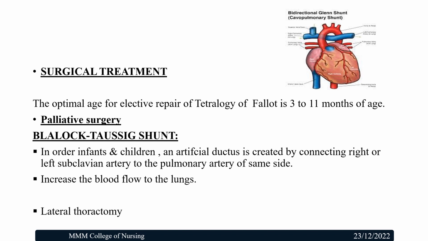This is done by lateral thoracotomy. It is not an open chest surgery. It is done through a lateral thoracotomy, so a ductus is kept connecting the right or left subclavian artery to the pulmonary artery.